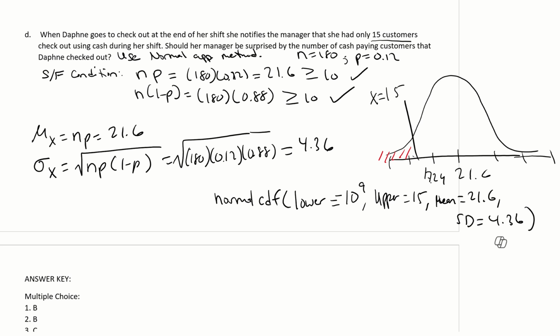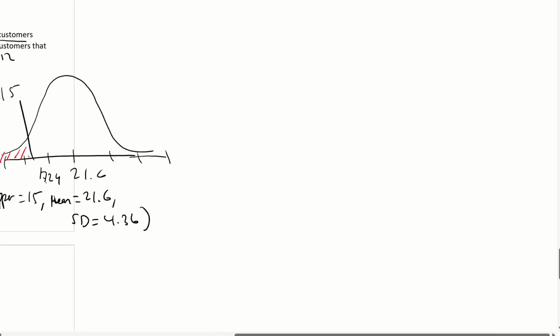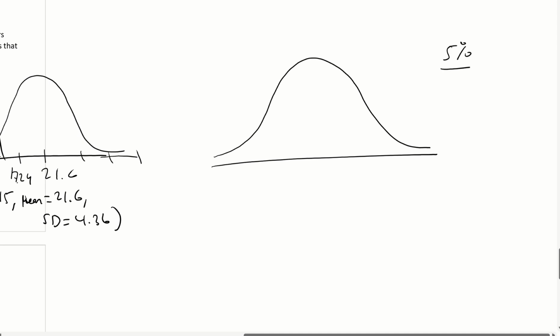And actually for this type of problem, what I would suggest, there's a couple of things to this problem that I didn't really specify too much previously, but I'm going to expound on it here. When you've got the normal distribution, we know that the cutoff is usually about 5%, right? But what does that actually mean in the normal distribution? Well, in this case, if the mean is 21.6, then you can easily underestimate it or overestimate it, right?